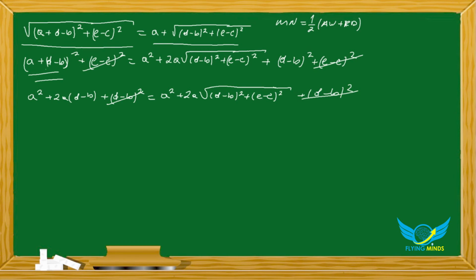We cancel this term, and we can do more: we can cancel a squared on both sides, and we can get rid of the coefficient 2a.